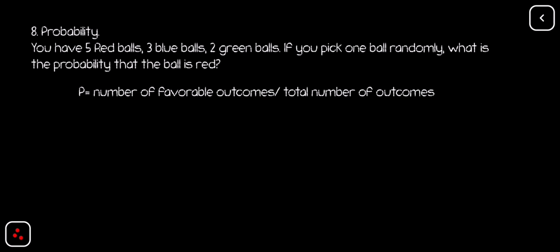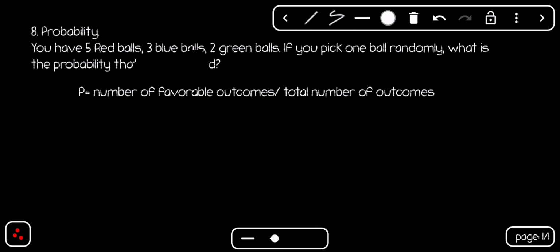Topic number 8 is probability, and the question is: you have 5 red balls, 3 blue balls, 2 green balls, and if you pick one ball randomly, what's the probability that the ball is red? In probability, we have a formula: P is equal to the number of favorable outcomes divided by the total number of outcomes. So what the question wants from us is the probability that the ball is red.